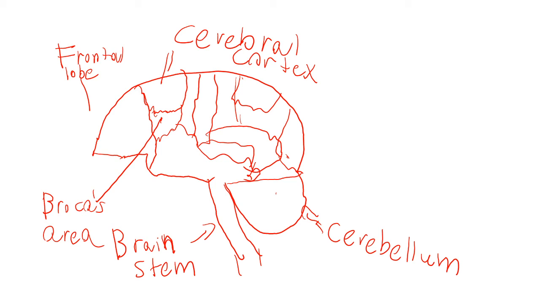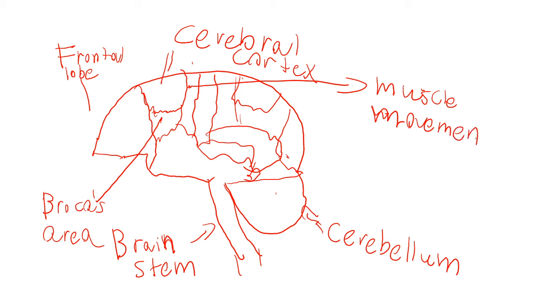That's called a cerebral cortex. Over here, right next to it, is again the area where most of your motor skills are developed, in the function area, which is muscle movement.